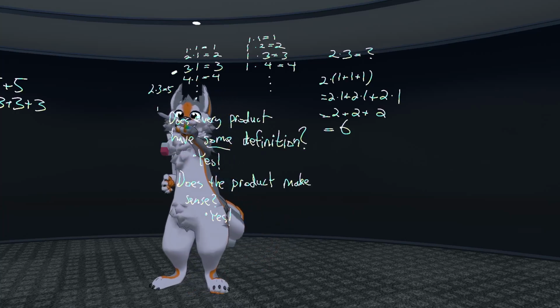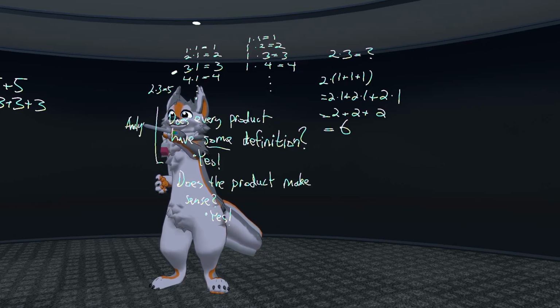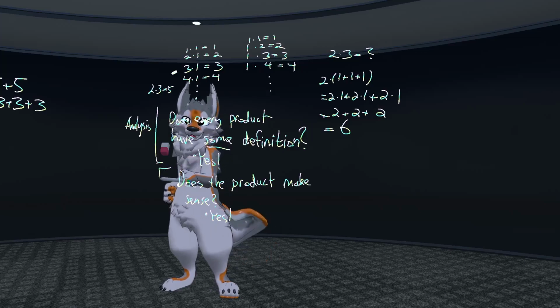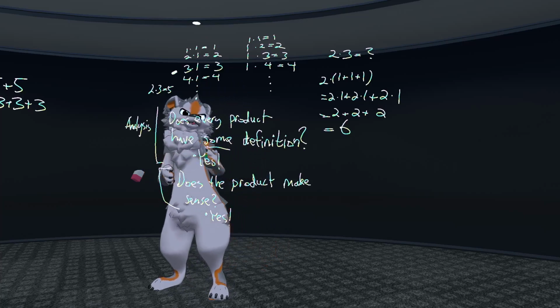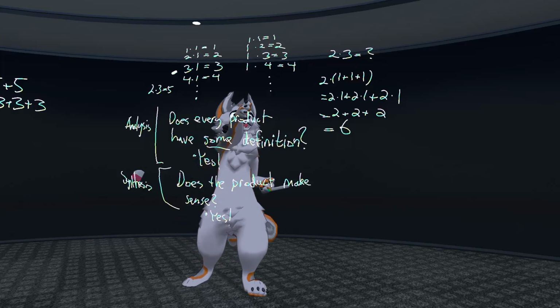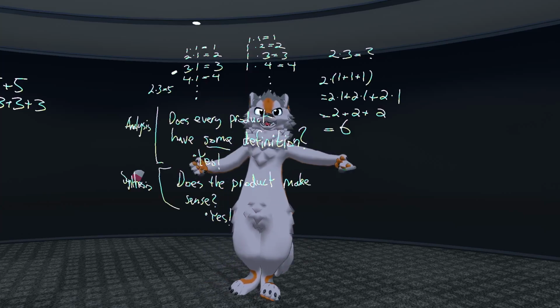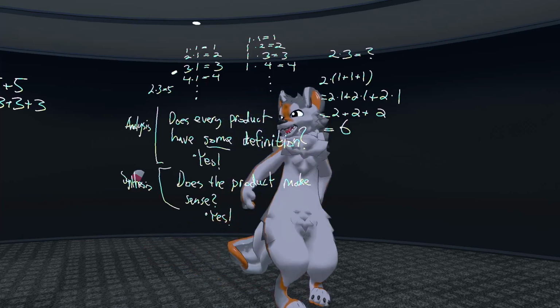The analysis part says how must it behave, roughly. And then the synthesis part is you checking that the thing that you have come up with is actually valid. It exists, you can define your thing. Just because your hypothetical operation, according to your hypothetical rules, behaves a certain way, does that mean that it, strictly speaking, exists, or that it won't run into some sort of contradictory statements like we did here?